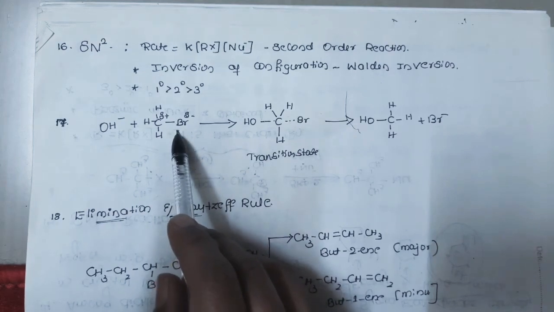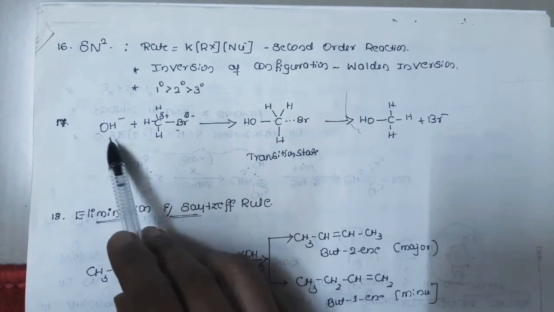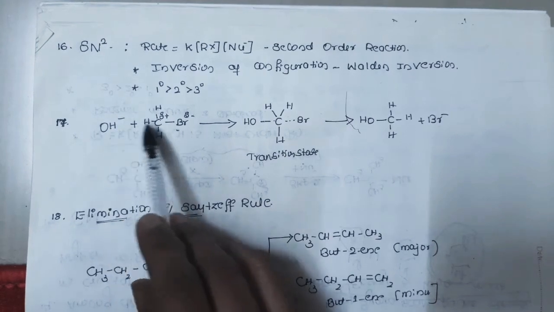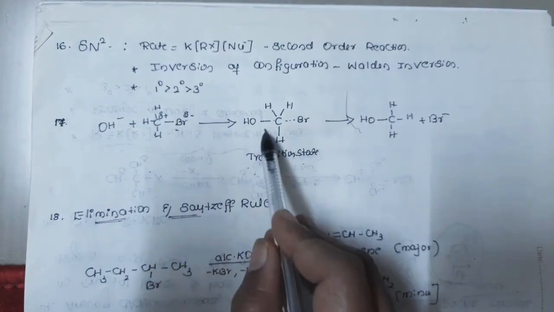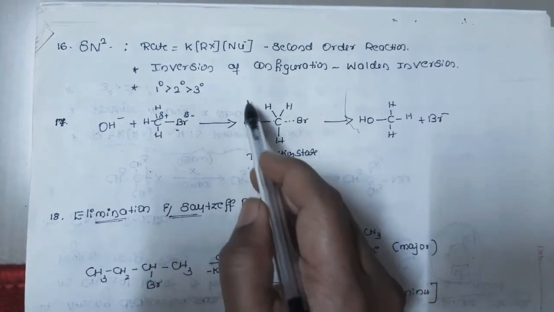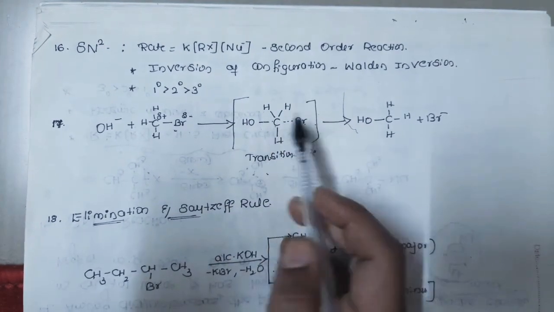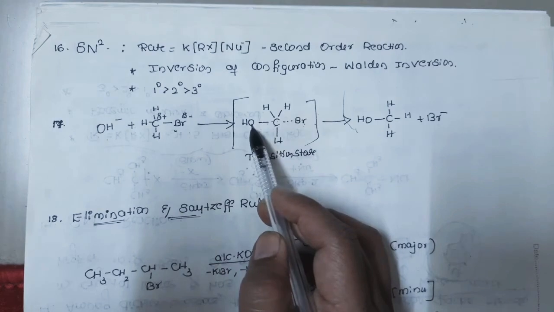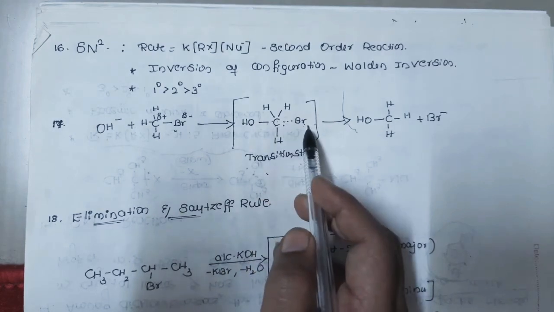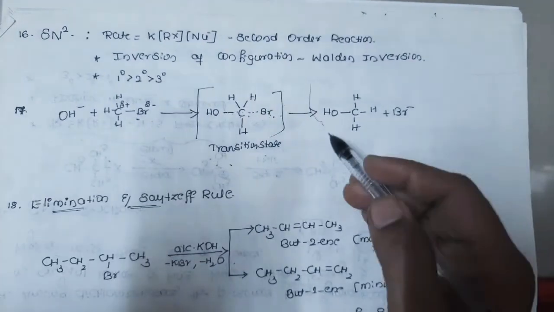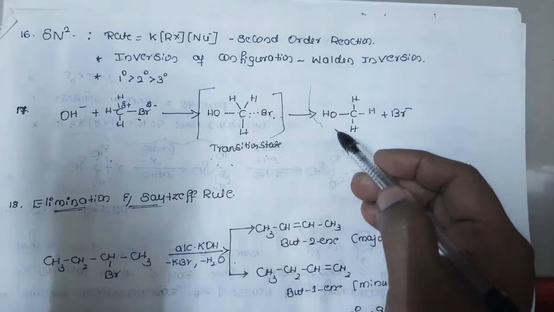Due to steric hindrance, it will attack from where the place is available, from the rear side. What happens in the transition state? Simultaneously there is making and breaking of bonds. A slight C-OH bond will start forming and the C-Br bond will start breaking. Finally we get the alcohol.